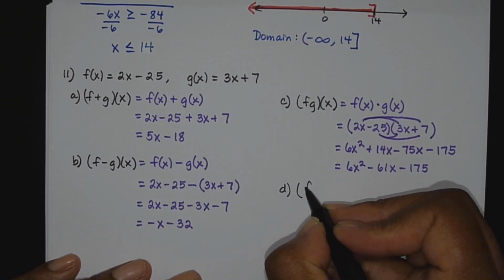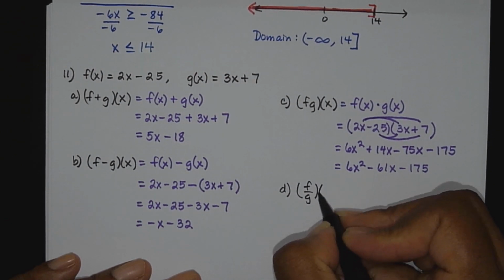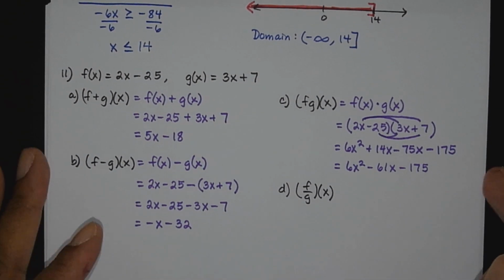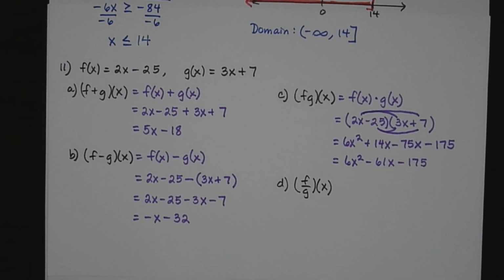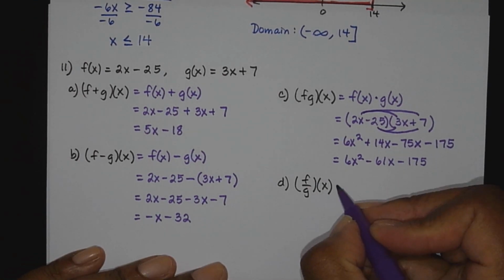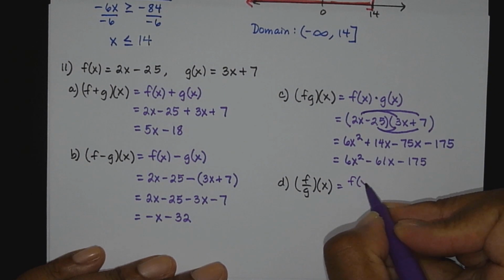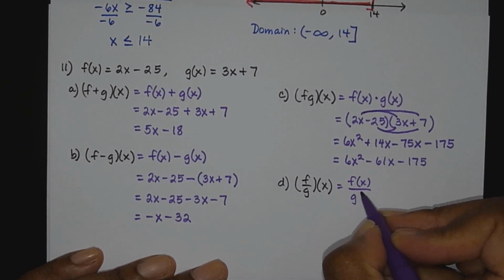Now, part D is just a quotient. I think this one's going to be the easiest one to do because there's not much simplifying that you're going to be able to do here. So f over g of x means f of x divided by g of x.